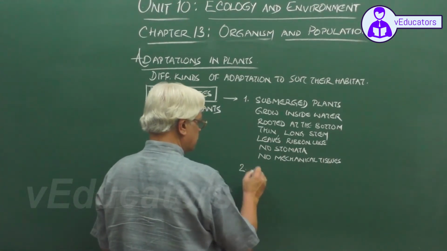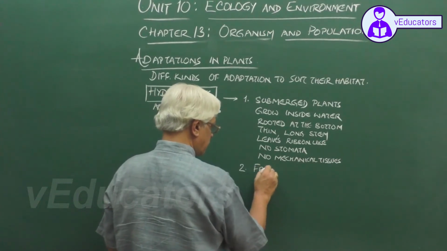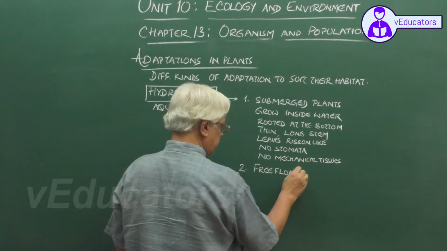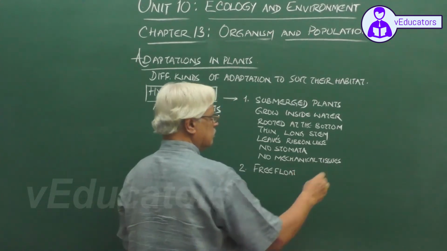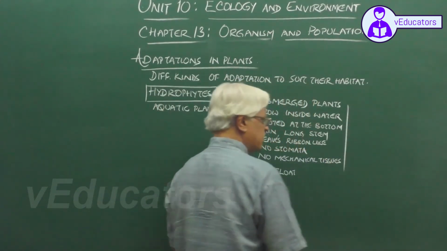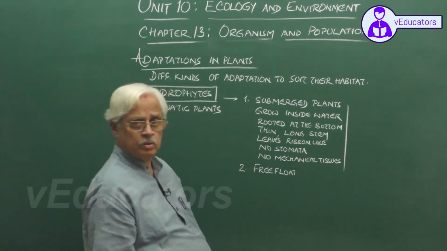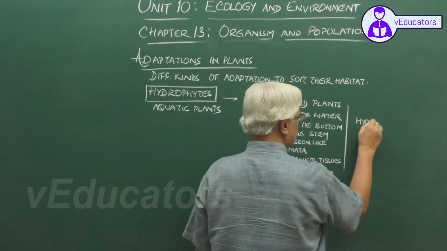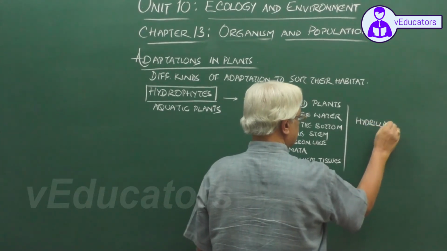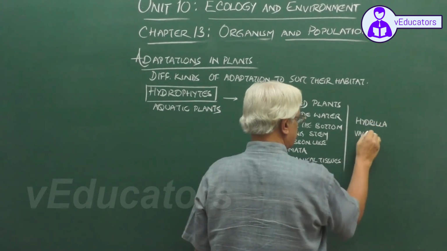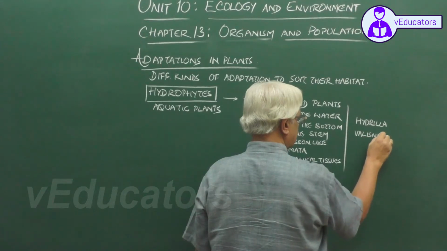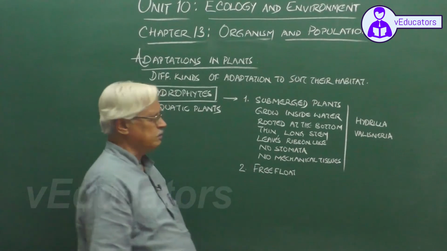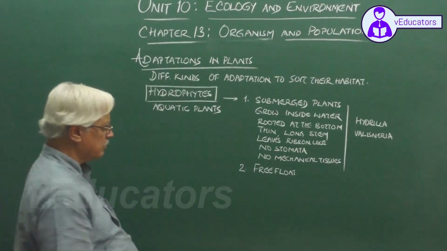Some examples for this category of aquatic plants: hydrilla, vallisneria, most familiar examples for submerged plants.